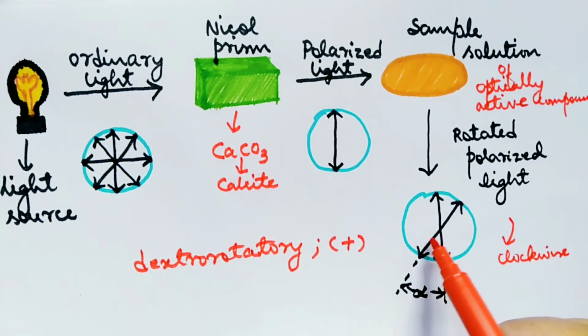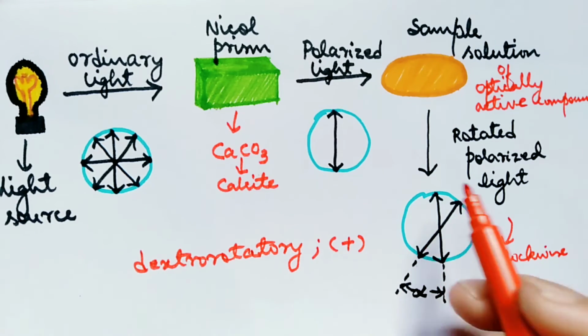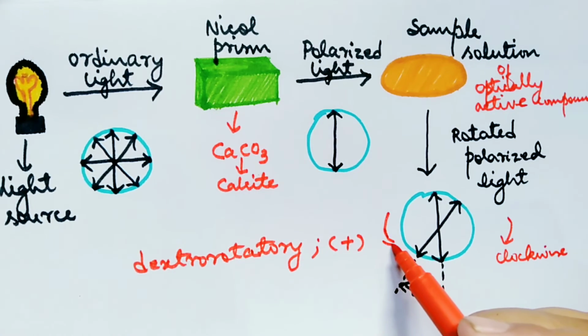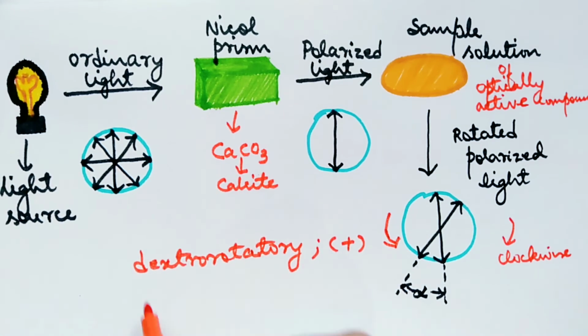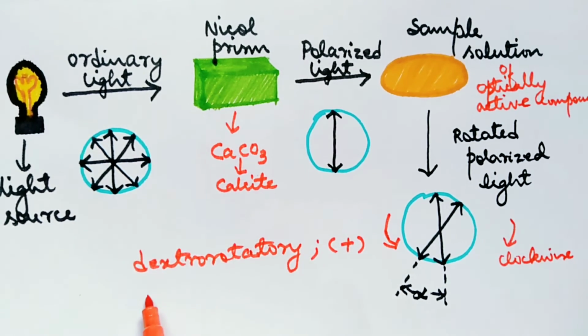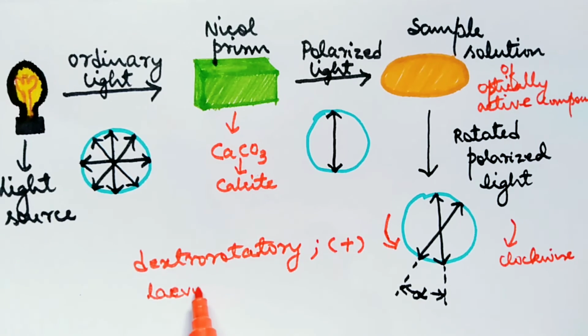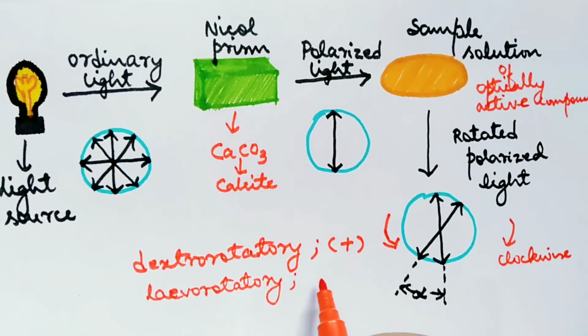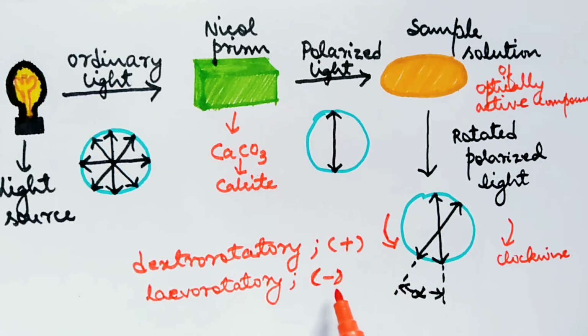And if you see that the arrow rotates in the anti-clockwise direction in this way, then we call it levorotatory, and we indicate this one by a minus sign with a bracket here.